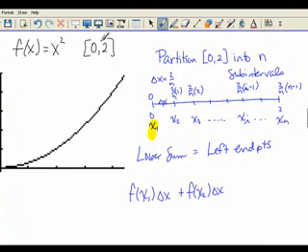The third interval would be f of x sub 3 times delta x until we get all the way out to the nth subinterval, this one very last at the end. The left endpoint is x sub n minus 1. That gets plugged into the function and multiplied by delta x.